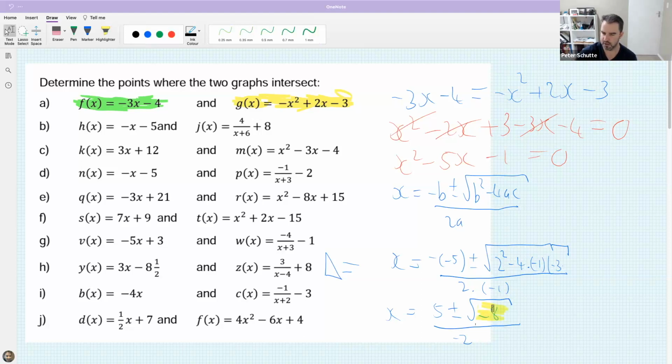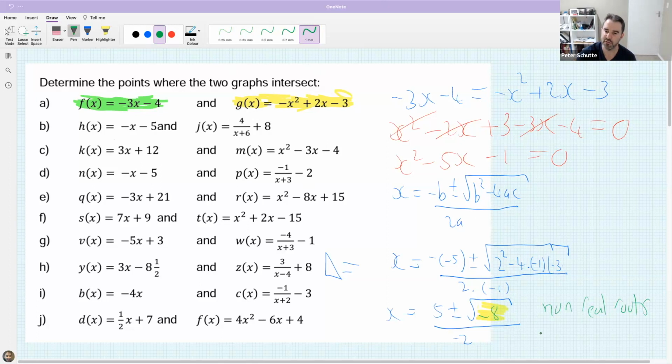What do you think, Boitumelo, or what do you think, Irene? So almost, it's not irrational roots, but you're close. If this was a non-square number, it would be irrational. But when it's negative, we say that this is non-real roots, and therefore there are no intersection points.